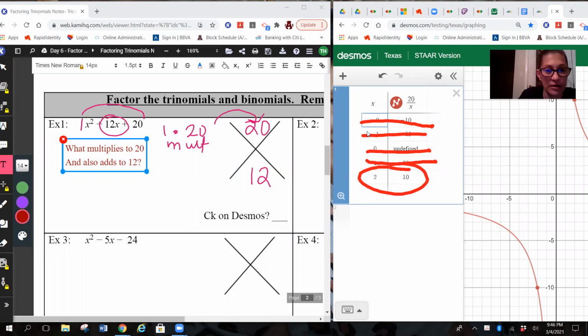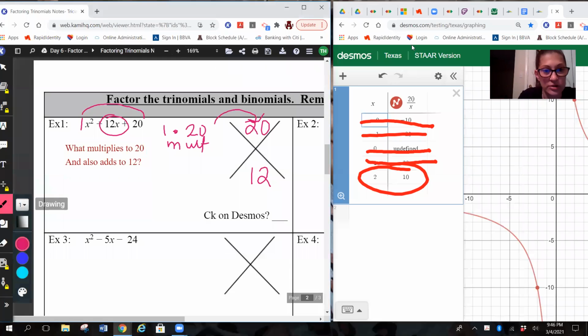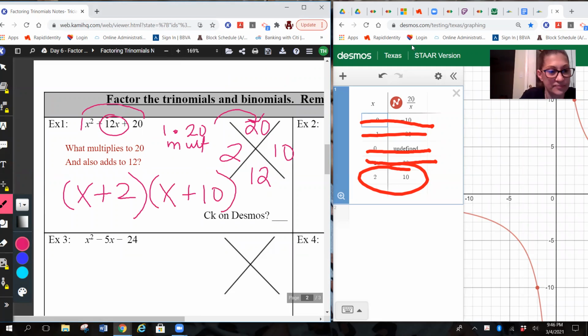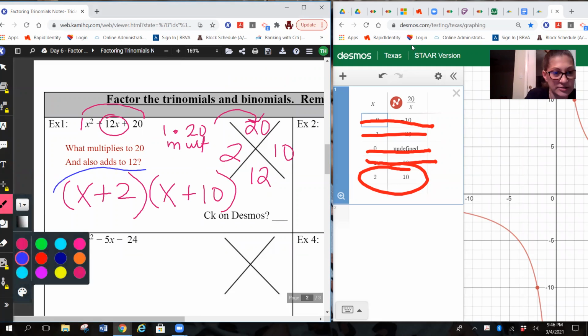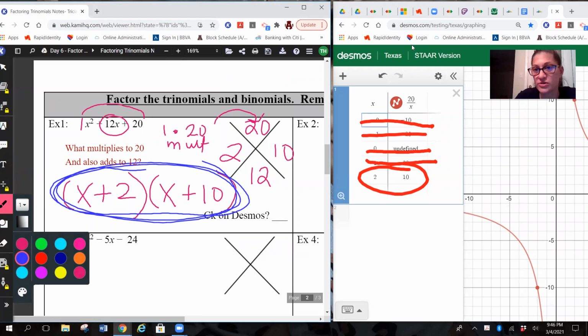So then on this page, I can now write 2 and 10. So my answer is x plus 2 and x plus 10. I like to circle my answer like so, make it pop off the page.